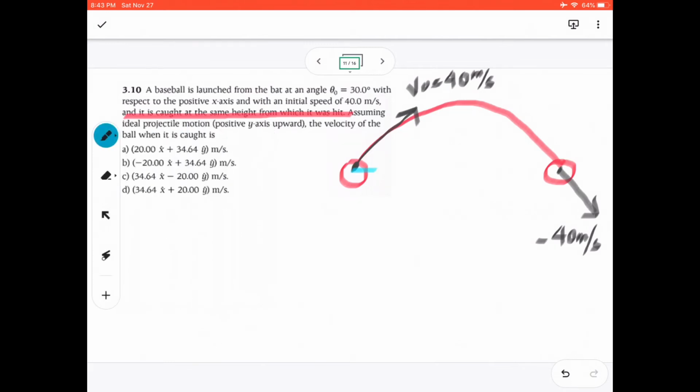Okay, so we have V0x over here. V0x initial is also equal to the final Vx. It's always equal to each other.